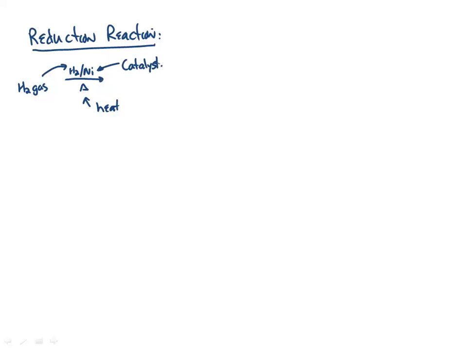Speeds up reactions, but doesn't change during the reaction, right? And so it's on the reaction arrow, but we never write it in the reaction, but it is required for it to occur. And what reduction reactions do in this type is we can also label them as simply additions of hydrogen across a carbon-oxygen double bond.